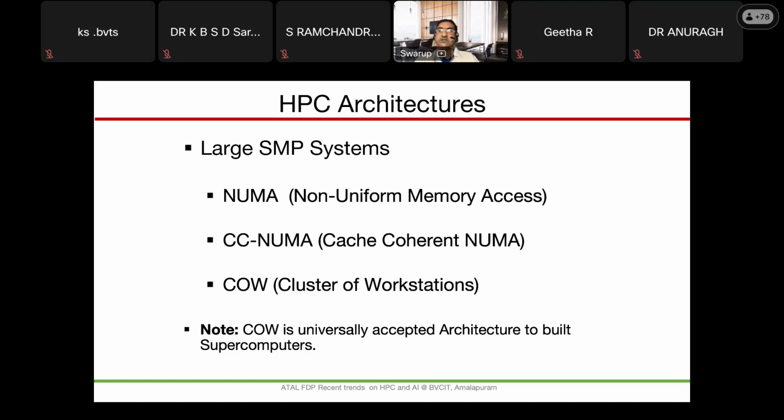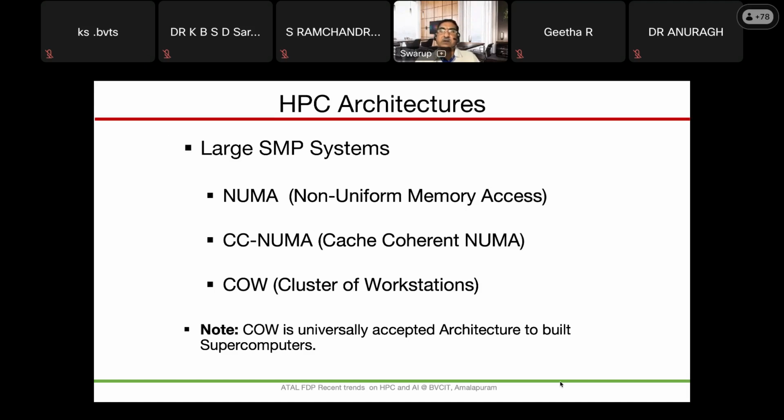We talked yesterday and today about large SMP systems, that is, multiprocessing systems. NUMA is one architecture, CC-NUMA, cache coherent NUMA, is another, and then the COW. Today's supercomputers are COWs, clusters of workstations. The workstation or server is all the same, depending on the resources.